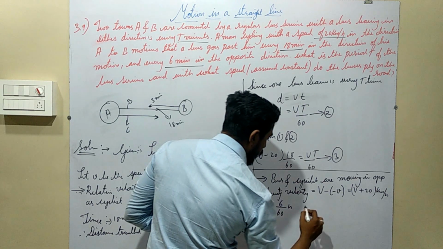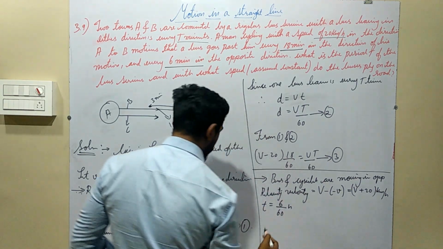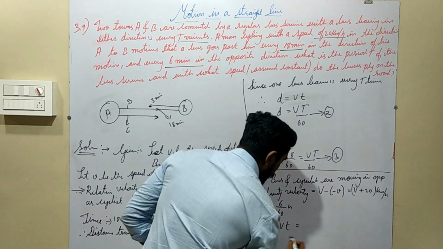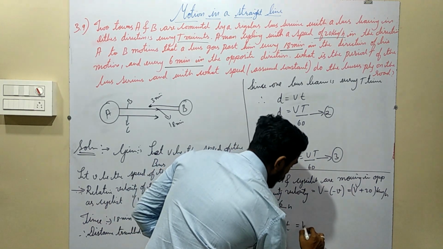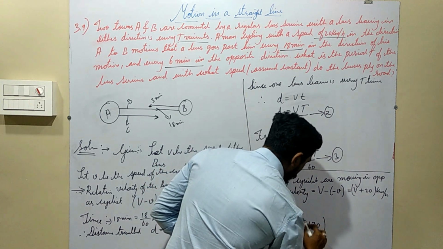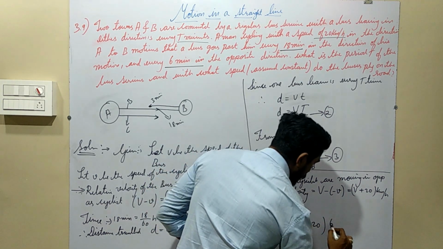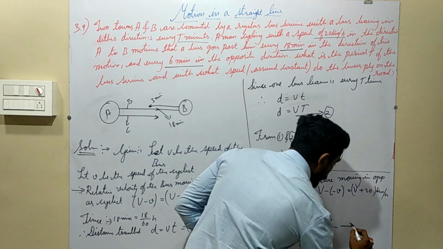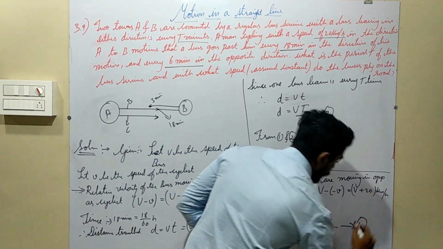Therefore, here for the first case, d is equal to v into t. Velocity is v plus 20 into time 6 by 60. Let us represent this as equation 4.